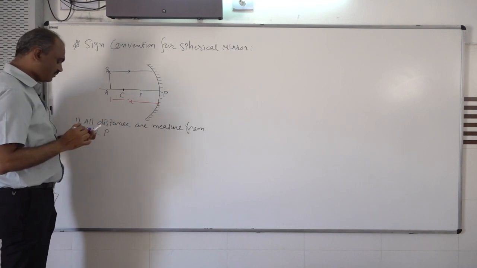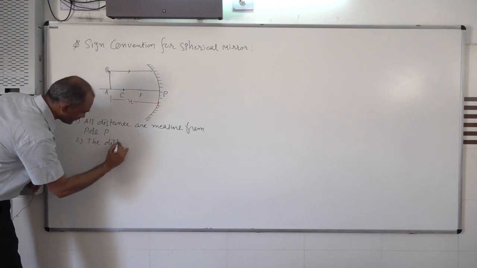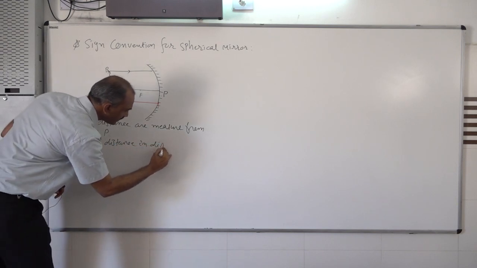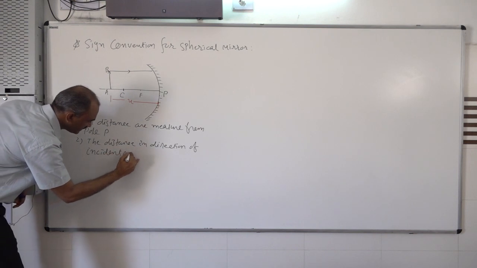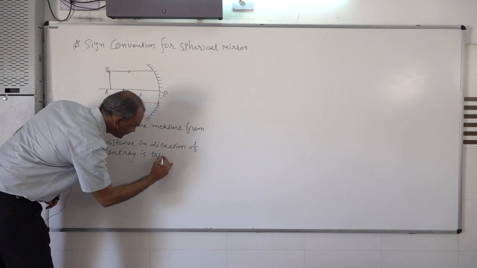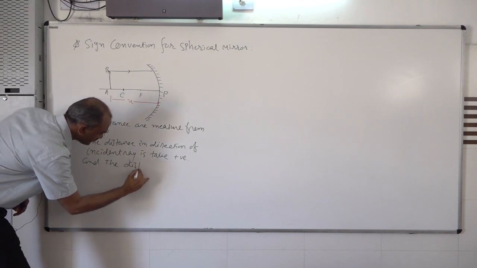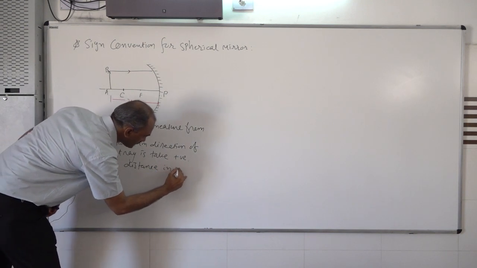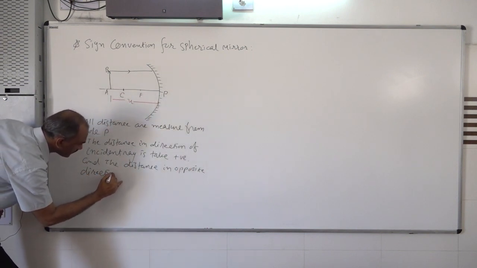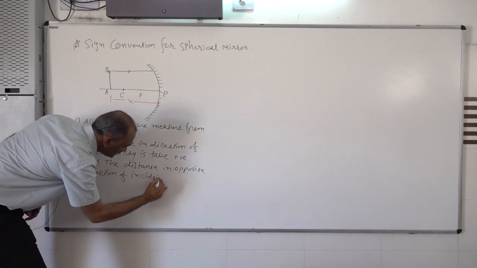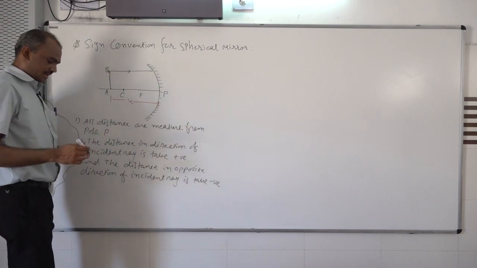The second point is that the distance in the direction of the incident ray is taken as positive, and the distance in the opposite direction of the incident ray is taken as negative.